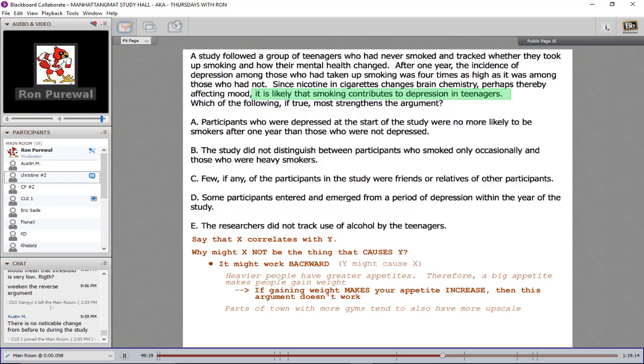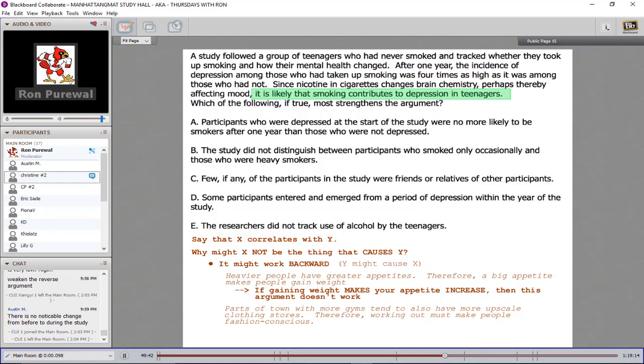Therefore, working out must make people fashion conscious. That's a stupid argument, right? But what's actually happening there? It is true that parts of town with a lot of gyms also have a lot of clothing stores. What's going on there? How do you explain that?